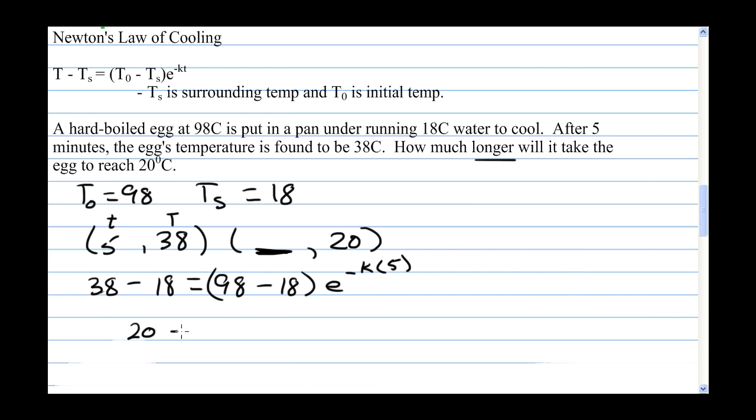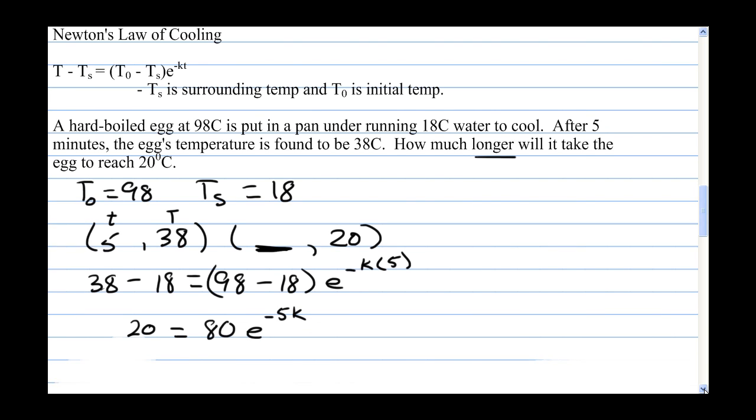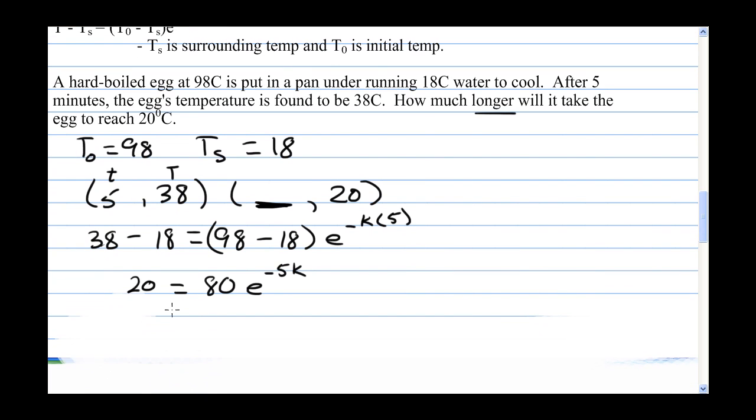So we have 20 equals 80 e to the negative 5k. So we have 1/4 equals, because we divide by 80, e to the negative 5k. Take the natural log of both sides, negative 5k. So the k is natural log of 1/4 over 5.